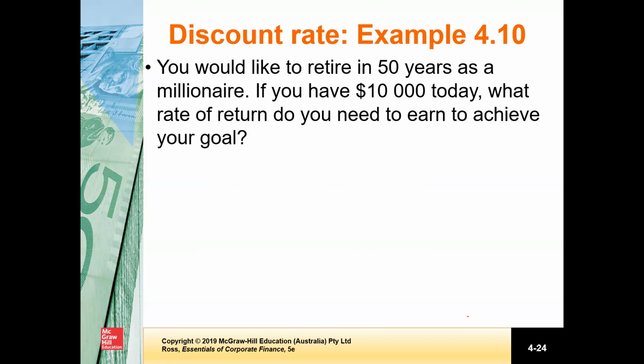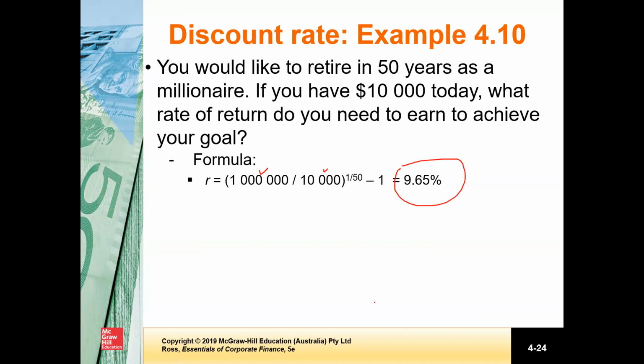So you need to find out what rate will help you achieve your goal. So once again, future value divided by present value power 1 by t, and you can see it's 9.65%, which means that if you earn 9.65% and invest $10,000 today, in 50 years' time, you will be a millionaire.